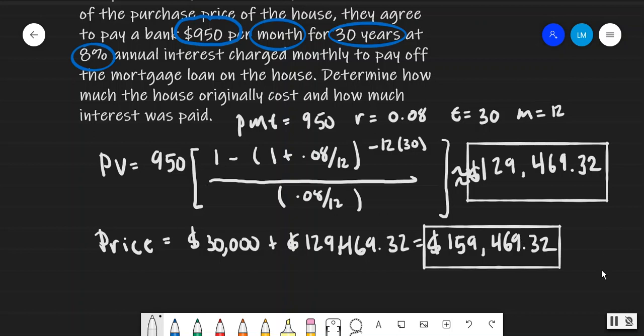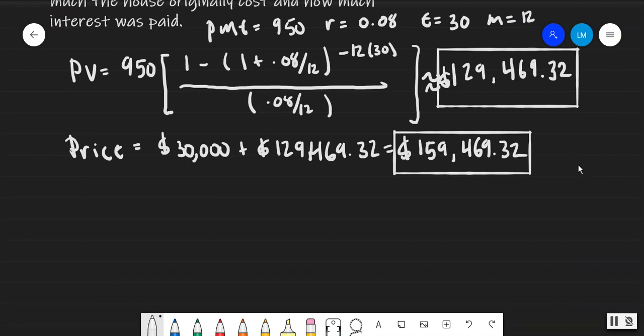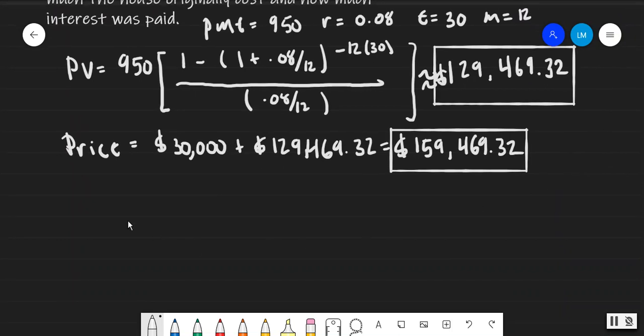However, what if I wanted to know the interest? Like how much interest was paid, which is what this is asking as well. So I can go ahead and find the interest by looking at the amount that was paid back.